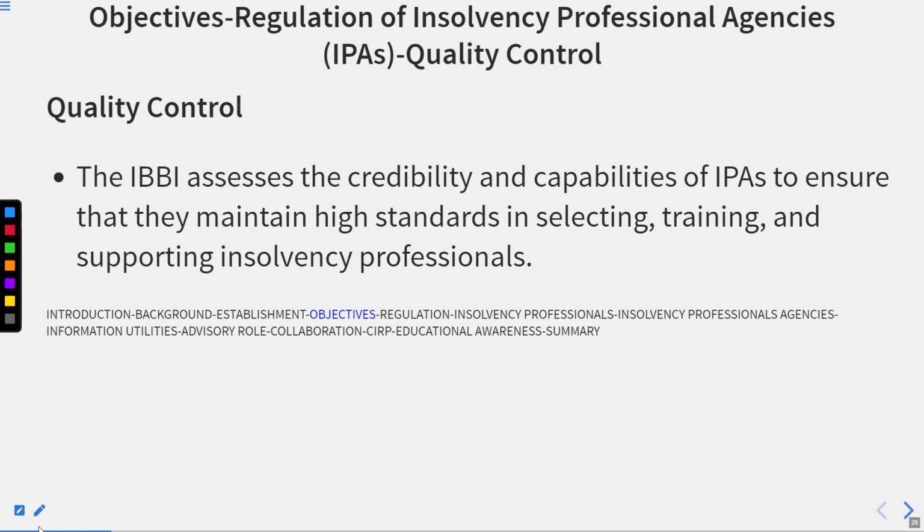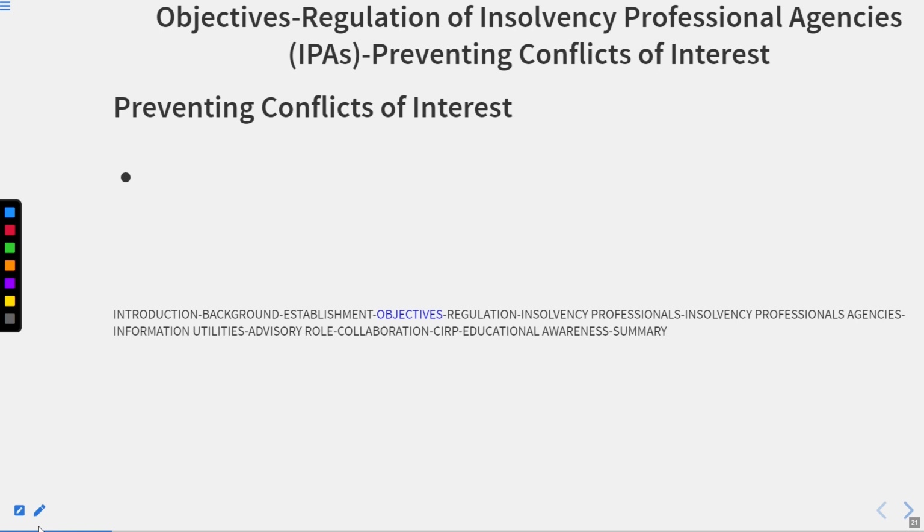Because the IBBI will not directly contact the IPs, but the IPA will do it. So it is very necessary that the IPA will be well controlled by the IBBI, so that the IPs could be controlled also.